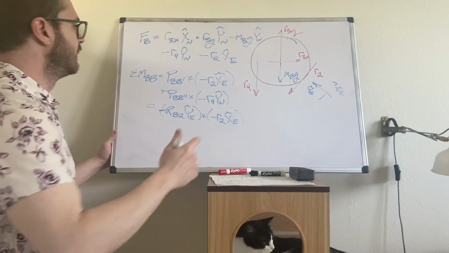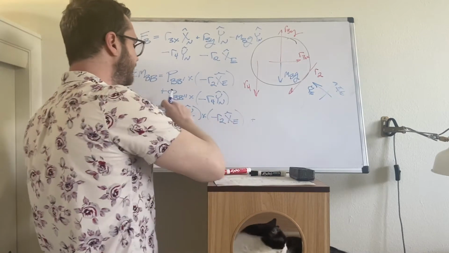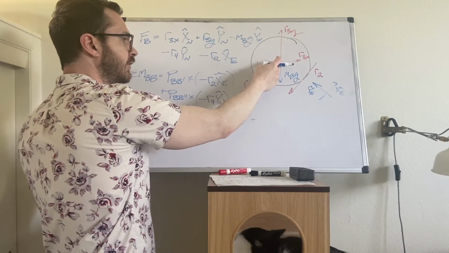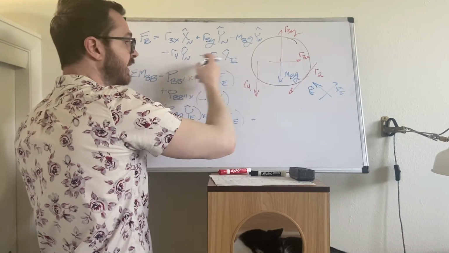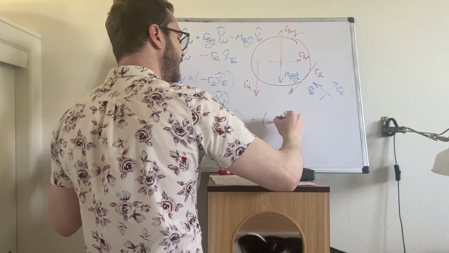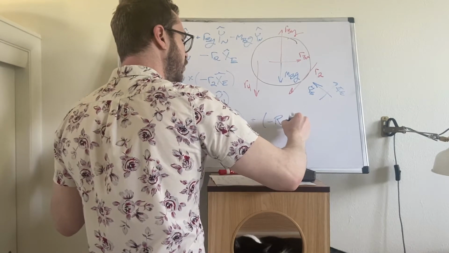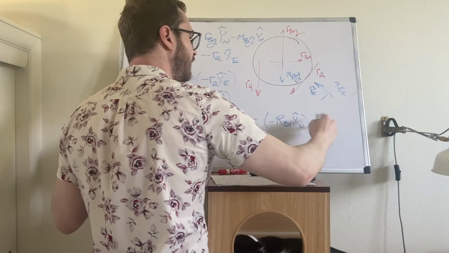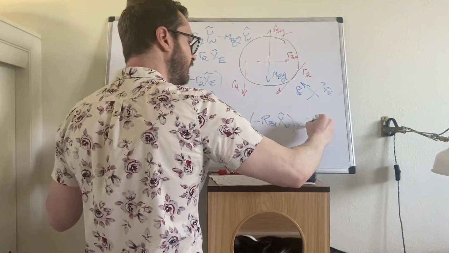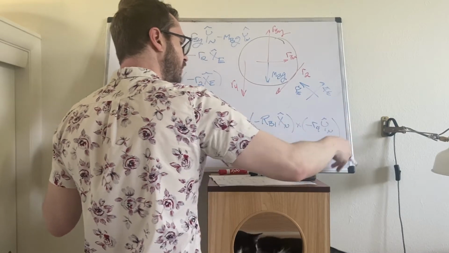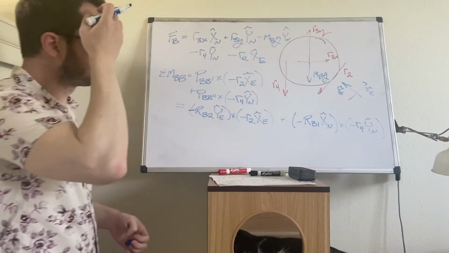Next, the position vector from B to B double prime. So we're going in the negative X hat N direction, and it's the interior radius. So this is minus RB1 X hat N cross minus R4 Y hat N.